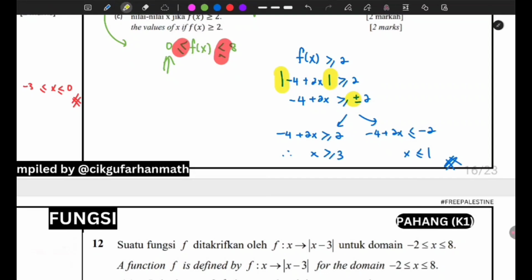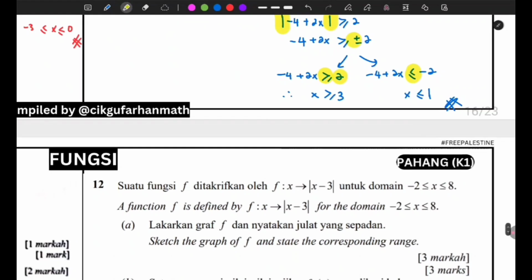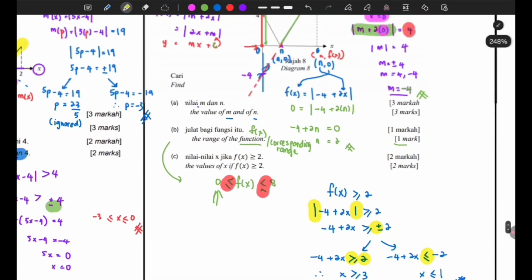For 0 only it's a special case, the rest all have to switch. And when there's an inequality like more than or equal to or less than or equal to, the positive side is always more, and for the negative number, change the inequality to the opposite sign for the lowest number. So we are done with this question.